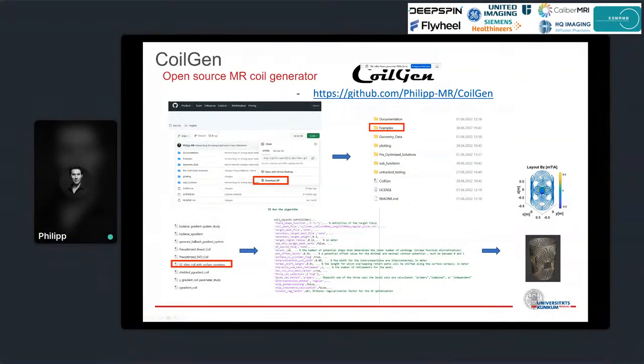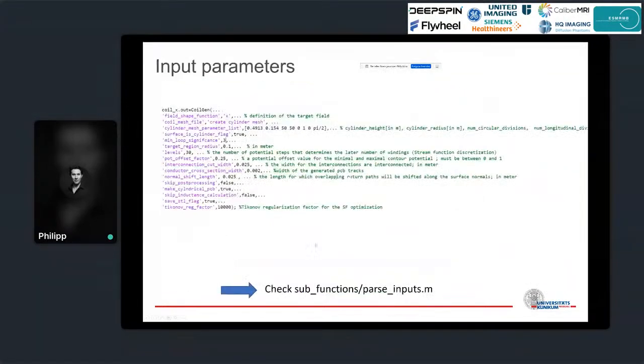You also see here that you have a lot of freedom in adjusting your inputs. There are a lot of input parameters, and if you really want to understand them, I would advise you to go to the sub-functions and check the past inputs, because there it's a little bit better explained what they are doing and what it means to change them.